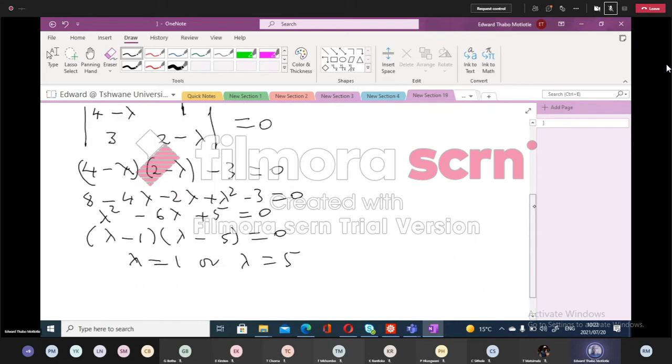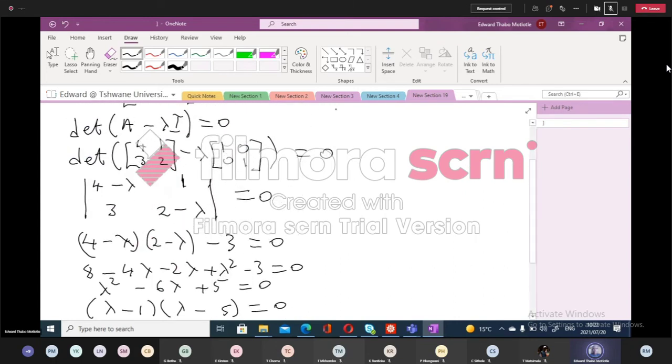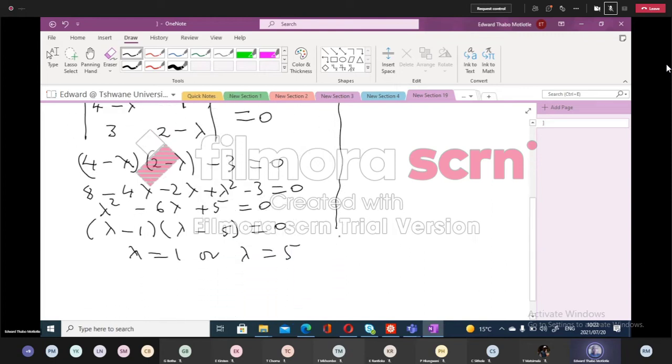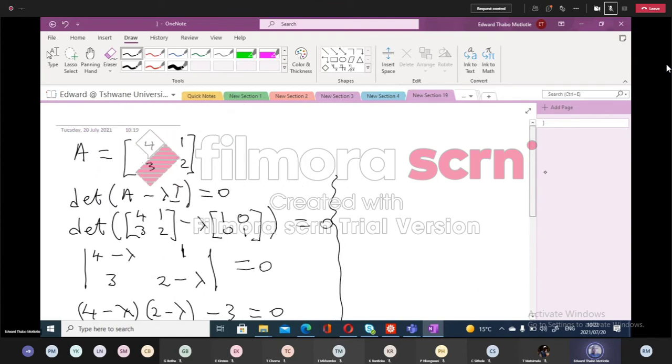This is called eigenvalues. Immediately after that, I don't want to go to the next page. I want to solve it here. Immediately after that, now we have to solve A minus lambda I, times K, equals 0.